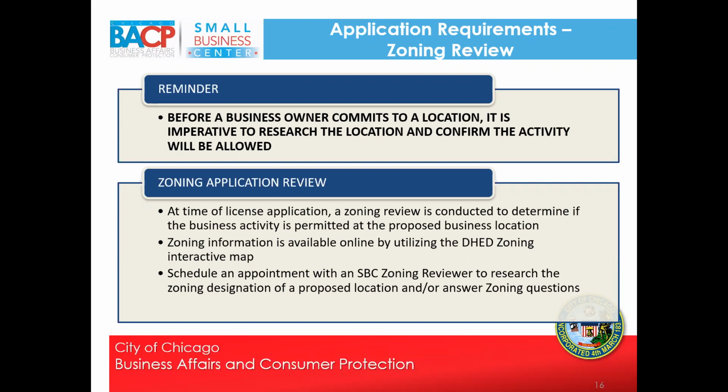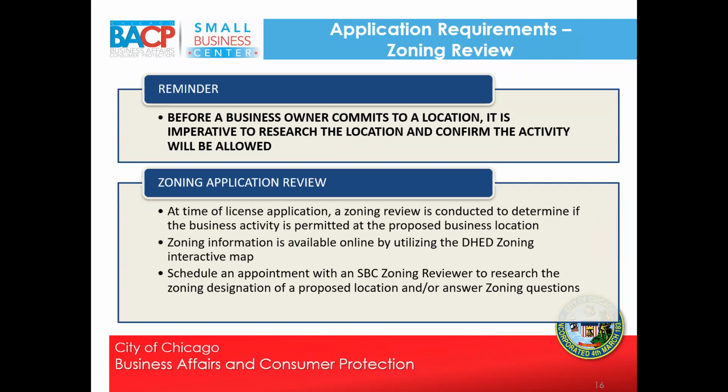When it comes to zoning application reviews, at the time of license application, zoning conducts their reviews to determine if the business activity is going to be permitted at that proposed business location. Do not assume that because the previous business owner that was there was doing the exact same business activity that you want to do, that just because you're going into that space, you're going to be allowed to do that as well.